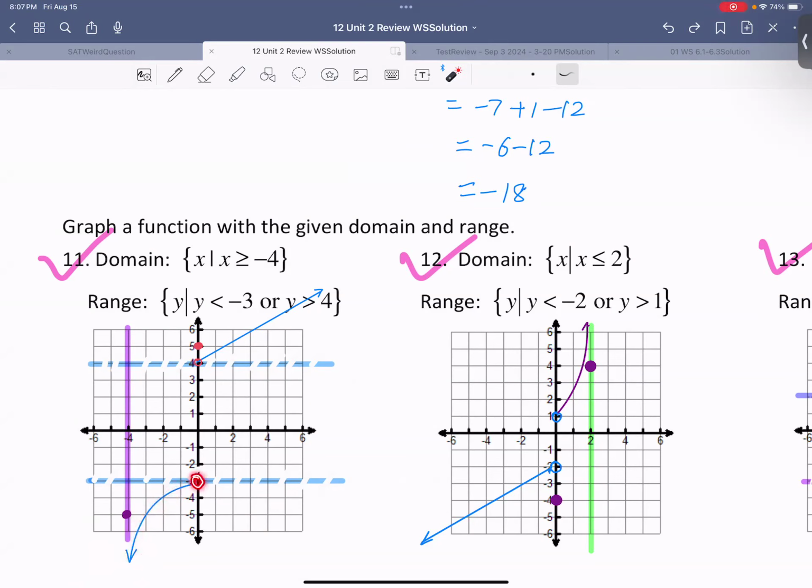Then this thing here, you guarantee y is less than -3 and goes all the way down to -infinity. But your x could equal -4, so you have to put a dot here. You put a dot here means at x equals -4, you still have a function value to satisfy this equal.